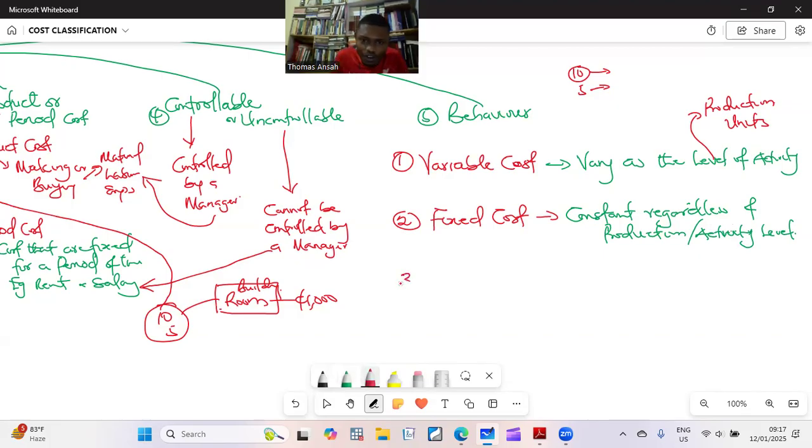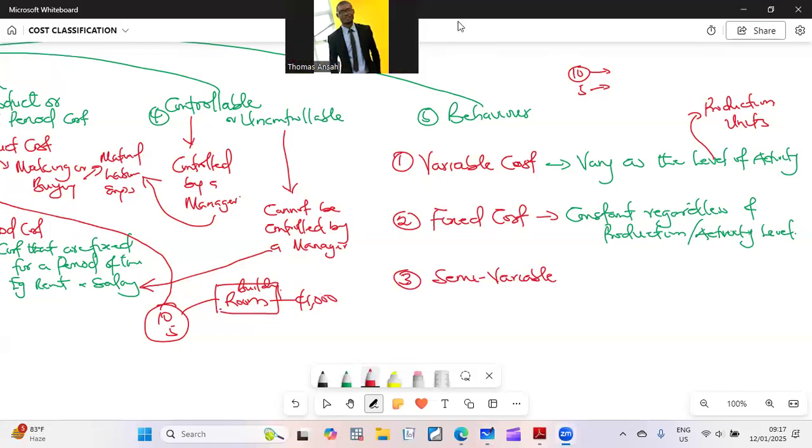But we have semi-variable cost and we have semi-fixed cost. Semi-variable cost means that there is a level of it being fixed, and at the same time there is a level of it being variable. So it has that kind of possibility, and so we call them semi-variable cost.